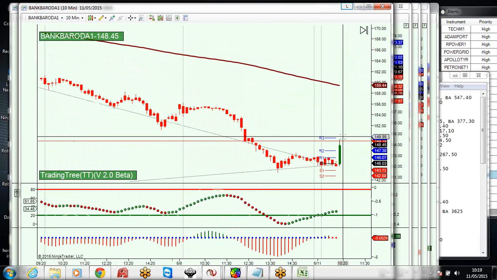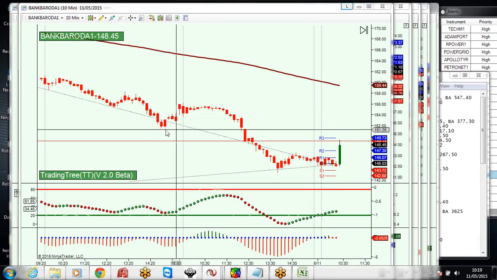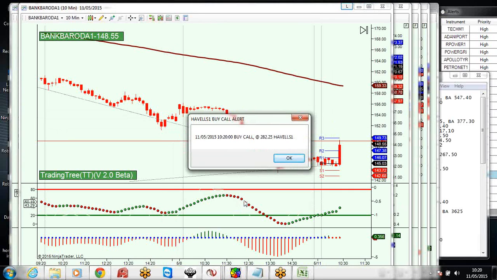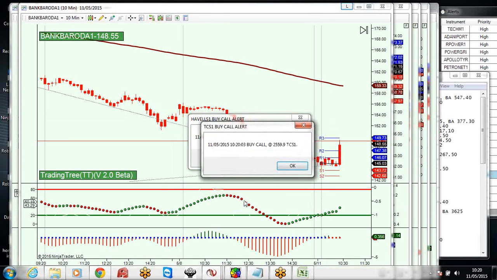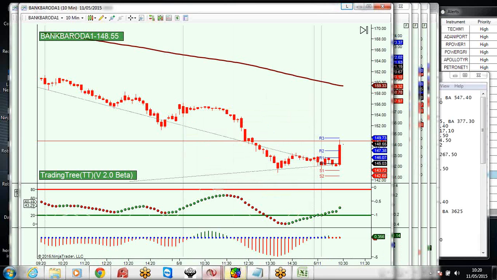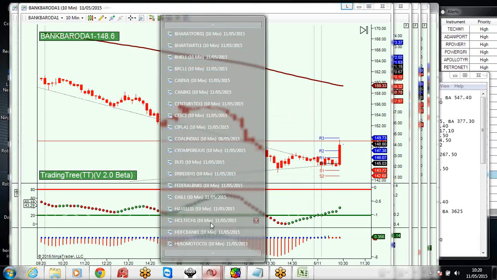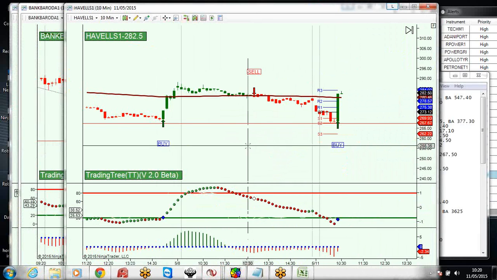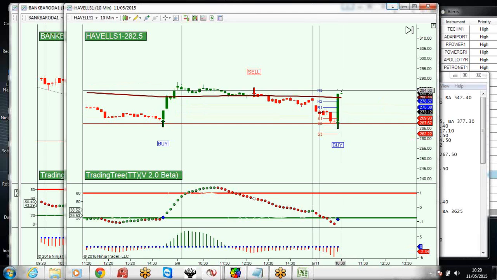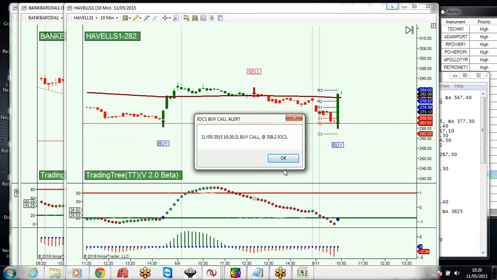You should get a buy call here. There is a buy call in Cables 1. There is a buy call on ICs 1. So we have Havells buy and TCS buy. So you can place your trade above this R3. There is a buy call in EOC 1.